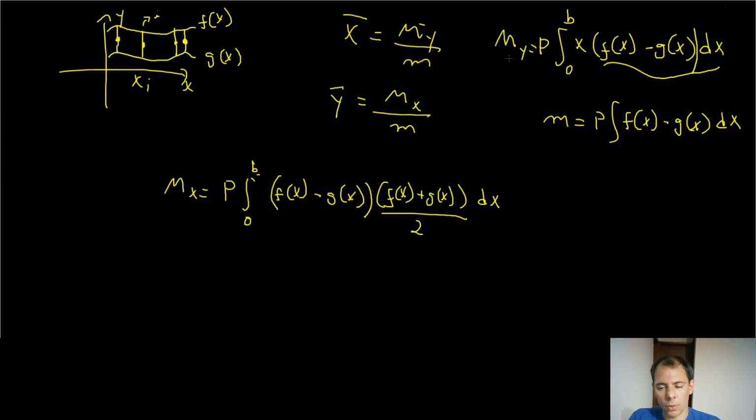Of course, if the intention of the exercise is not to find the center of mass x and y coordinates, if it's just to get up to here, then you need this p, because you don't know necessarily that the density is 1. But if you just want to find this stuff and this stuff, you don't even have to worry about the p, because when you do this division, they're going to cancel out.